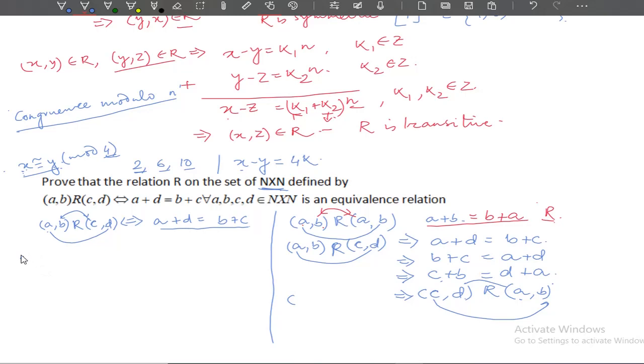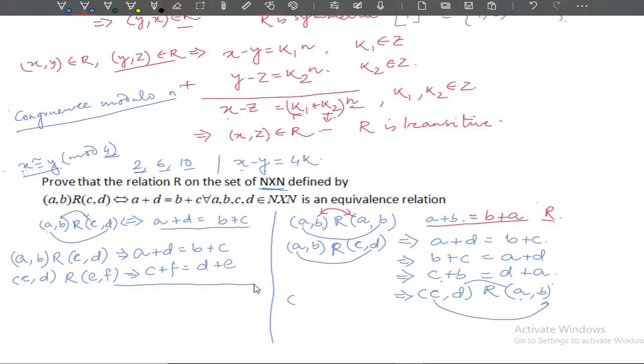For transitivity, let (a,b) be related to (c,d) and (c,d) related to (e,f), where a, b, c, d, e, f are all natural numbers. Here it will be a plus d equals b plus c, and here c plus f equals d plus e.